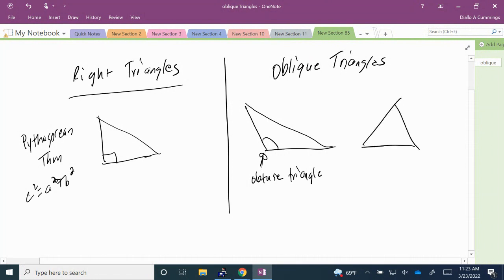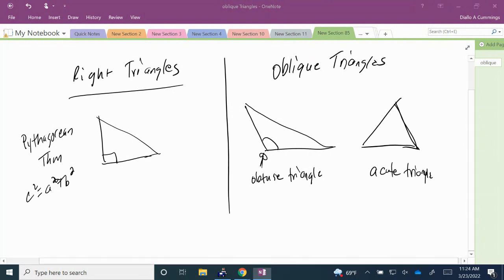We also have what are called acute triangles, right? So in an acute triangle, all of the angles are less than 90 degrees. Notice that in these two types of triangles, there are no right angles. So the Pythagorean theorem and all of the formulas that we've used thus far, they don't count towards oblique triangles.